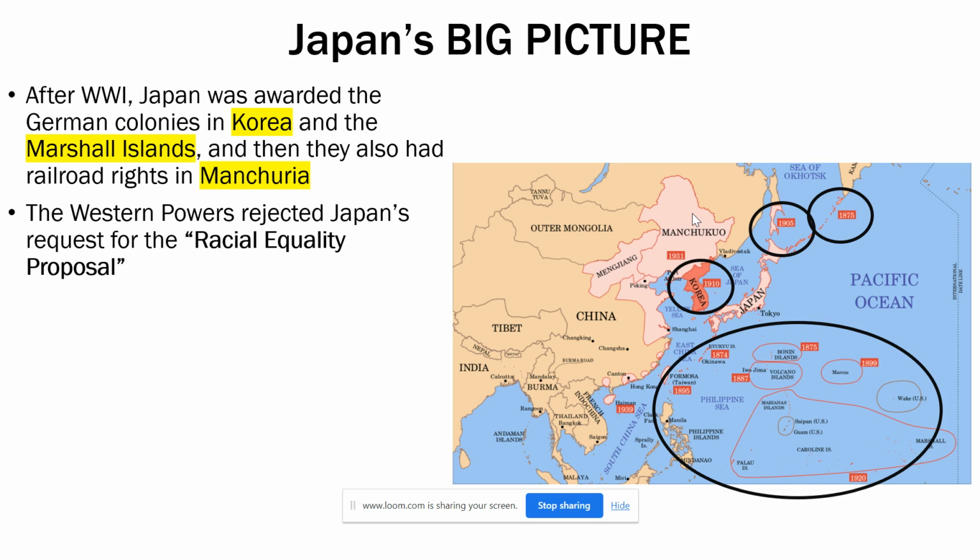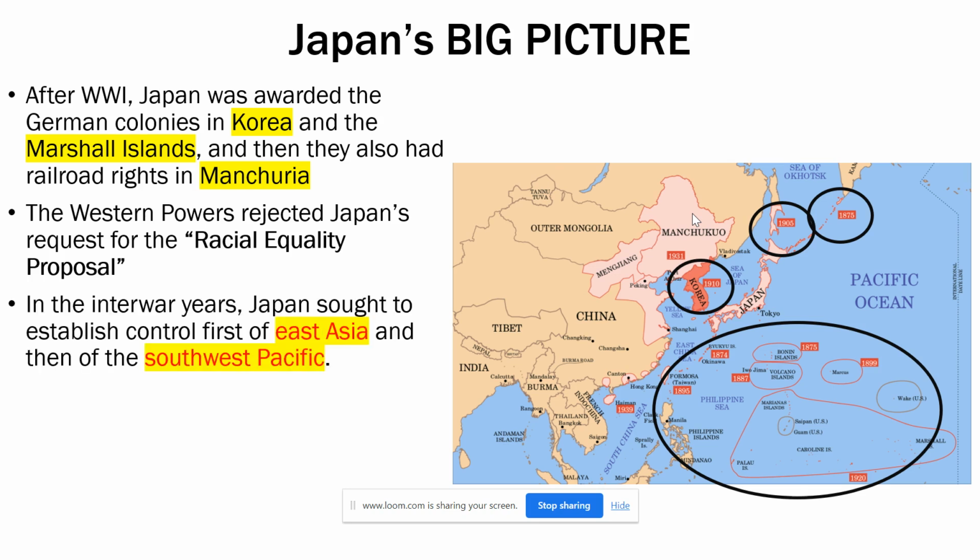And the Western powers refused to sign this proposal. And that is part of what lays the groundwork for how Japan is going to navigate the 1920s and the 1930s and ultimately be part of what gets them into World War II.